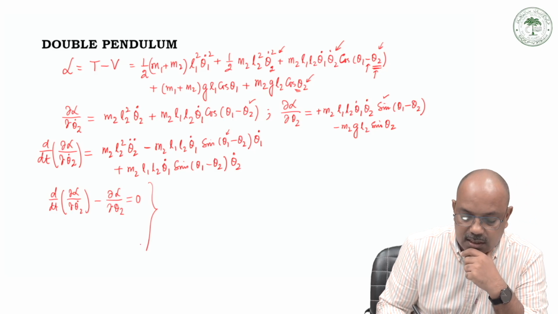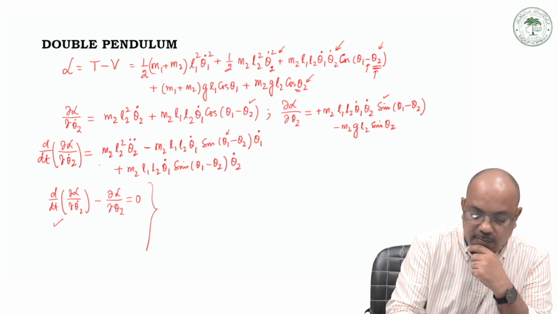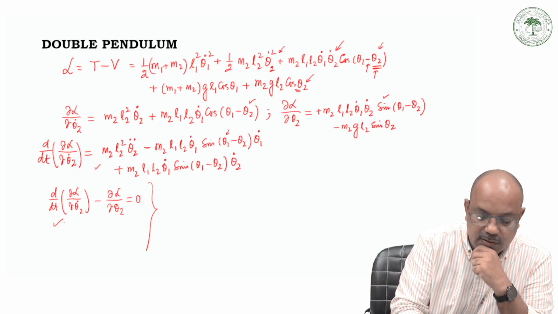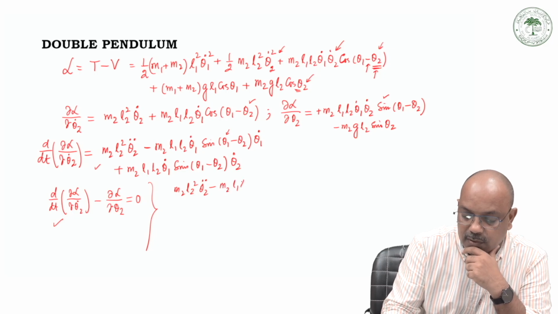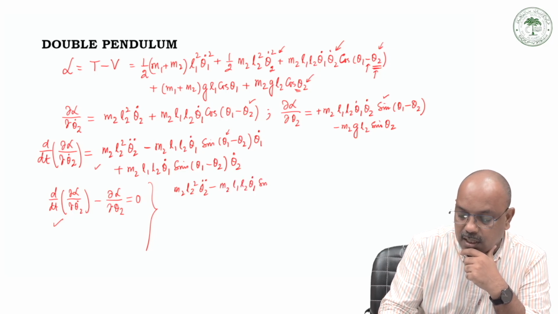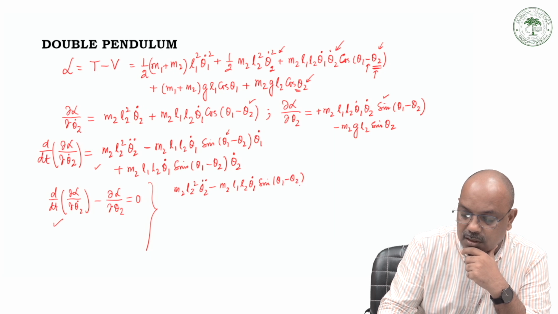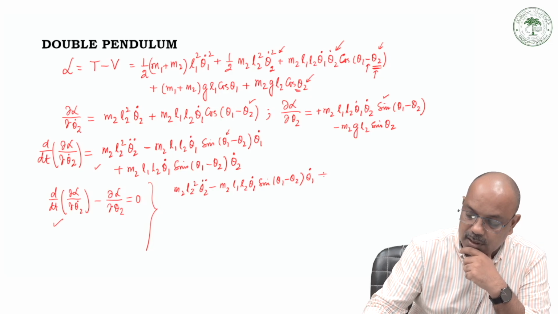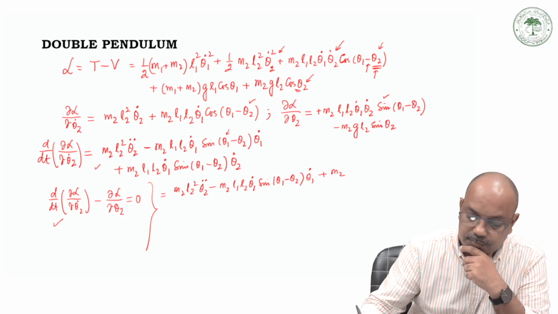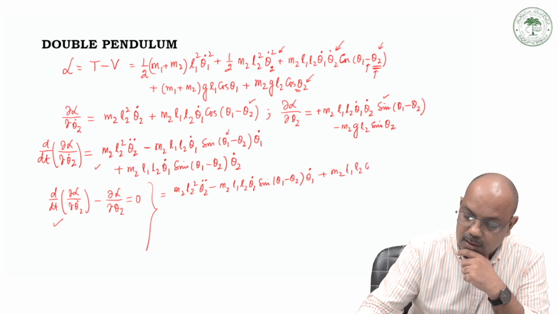Now if I do this, the first term is m2 L2 square theta 2 double dot minus m2 L1 L2 theta 1 dot sine(theta 1 minus theta 2) theta 1 dot, and plus this term is going to be m2 L1 L2 theta 1 dot sine(theta 1 minus theta 2) theta 2 dot.